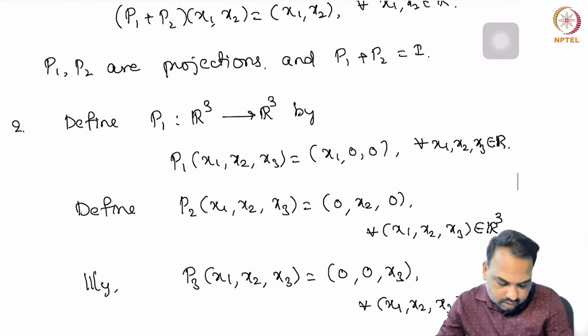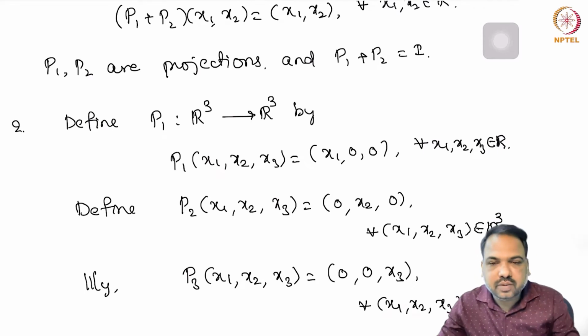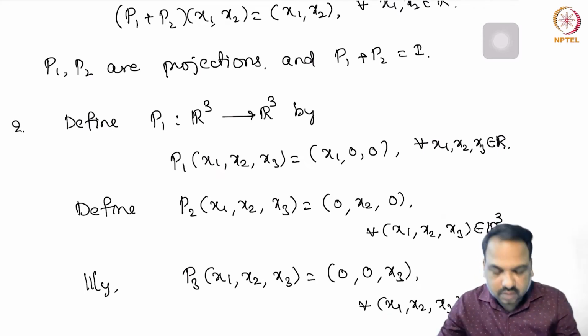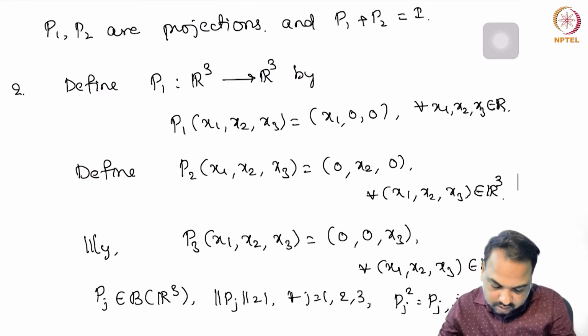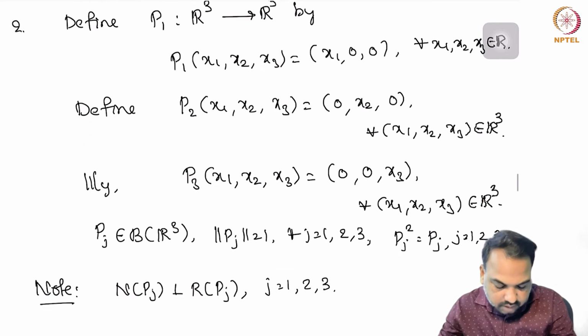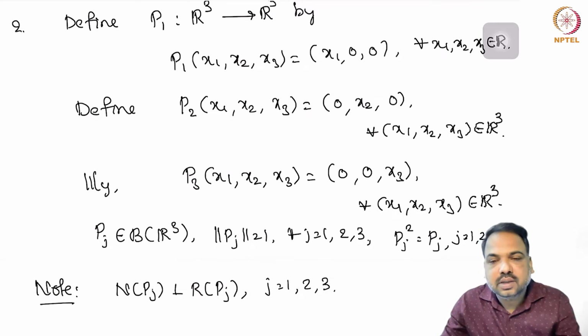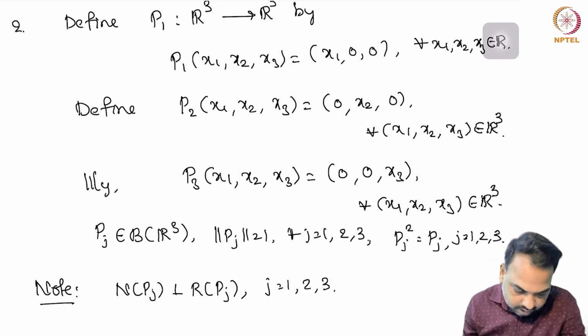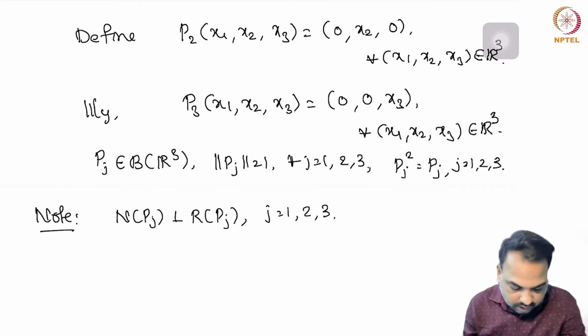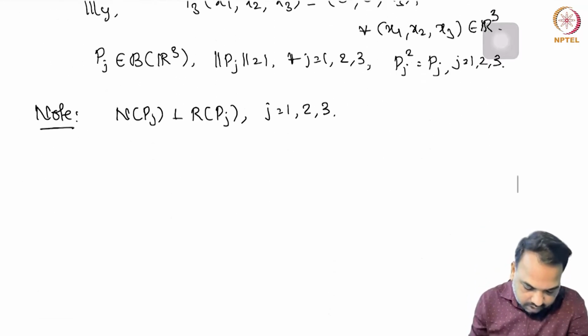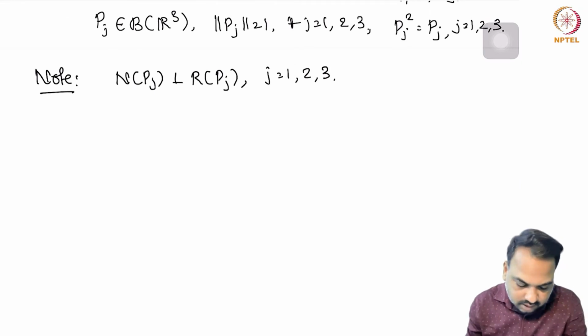For example, the null space of P1 is the yz plane, whereas the null space of P2 is the xz plane, and the null space of P3 is the xy plane. So in each of these cases we can conclude that null spaces are orthogonal to range. Let us look at one example where this condition is not satisfied.